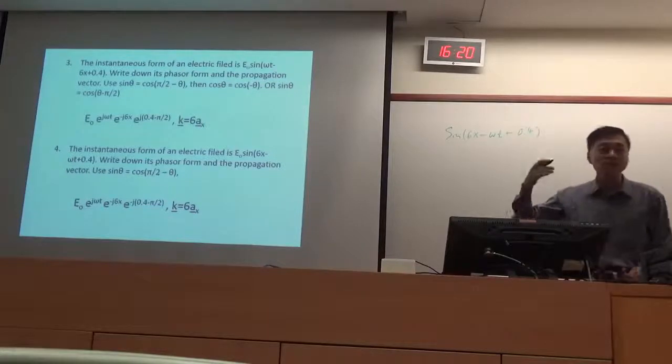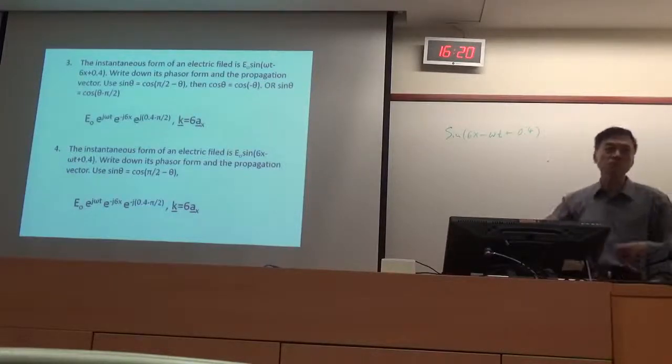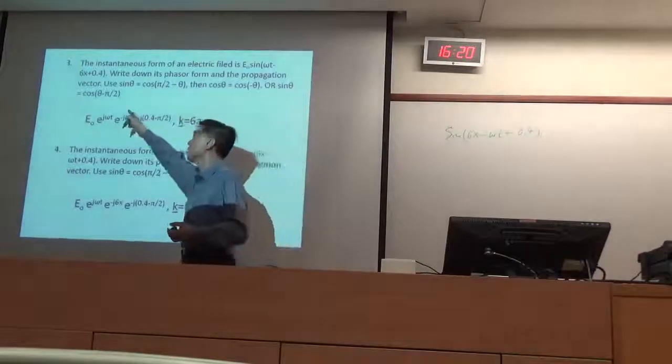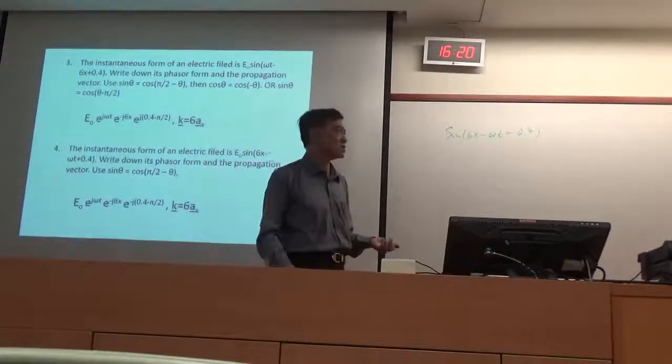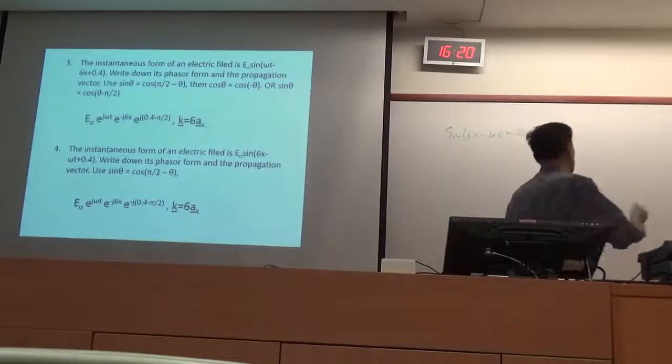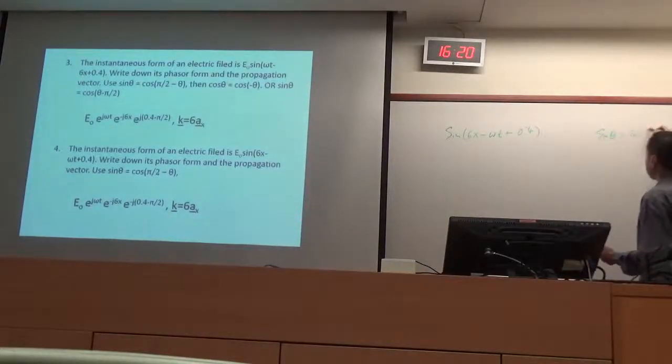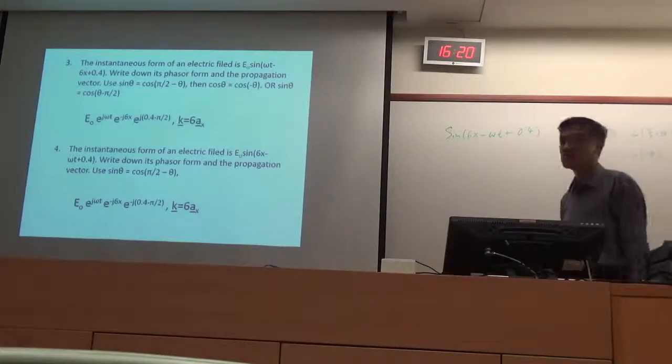Remember, if you don't know how to use this formula, doesn't matter. The basic formulas you must know are sine theta equal to cosine(pi by 2 minus theta), and cosine theta equal to cosine(minus theta). These two basic formulas will get you everywhere.